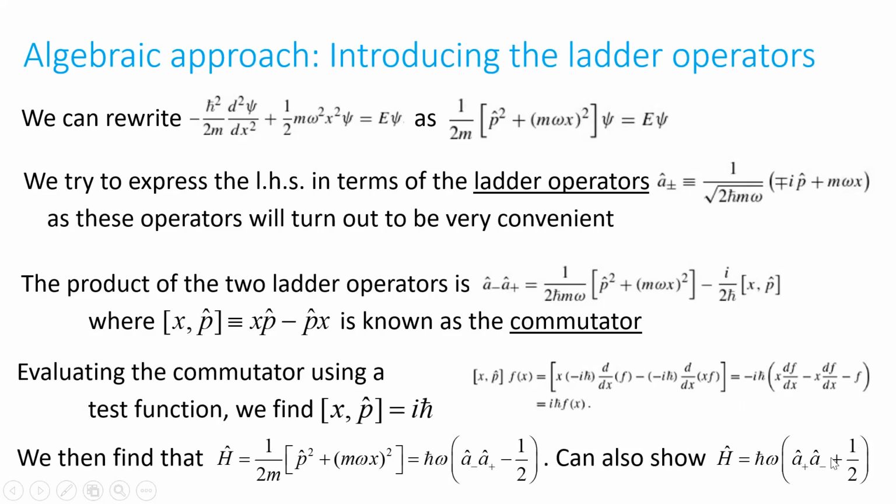Okay, so if we use a minus a plus, we get a minus 1/2 here. If we use a plus a minus, we get a plus 1/2 here. Okay, and both of those are used. Probably this last one here is used more often.